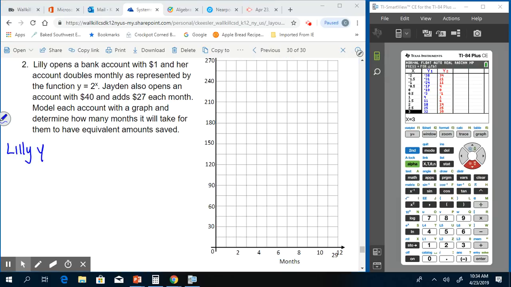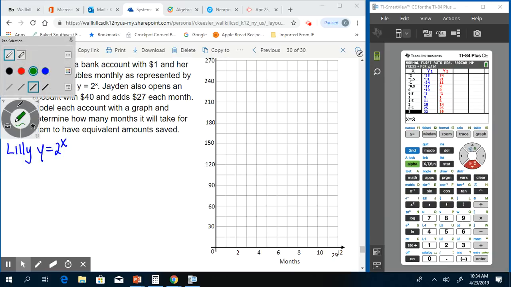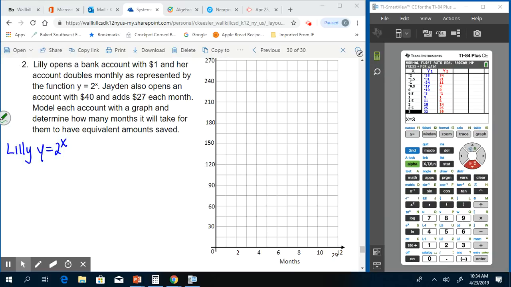And that's y is equal to 2 to the x. And then we have Jaden, and his equation isn't given, but we can easily find it because it's a linear function. He starts with 40 and adds 27 each month, so that's y equals 27x plus 40. All right, so we can graph both those equations using our calculator.